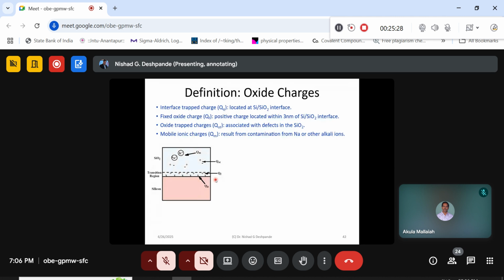When there are some defects, then there are some trap states present. And usually these trap states can confine the electron. So when you are talking about trap charges here, they have a similar role to play at this particular transition region.